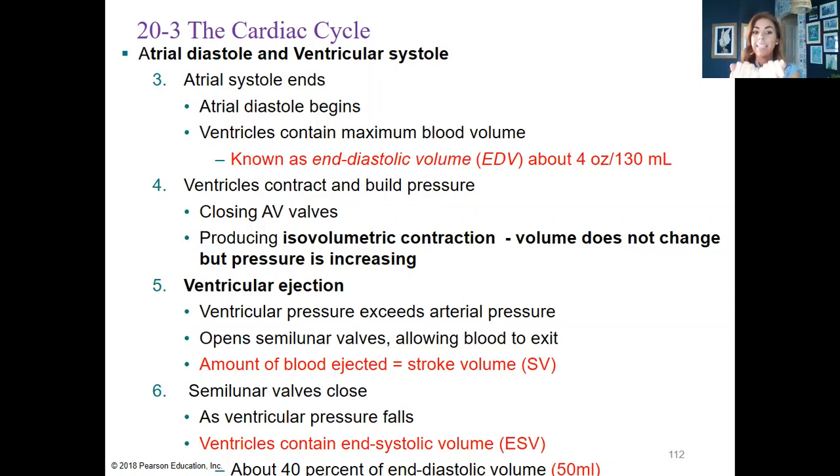That is your end systolic volume. So EDV, jello everywhere is your stroke volume. Jello left in the hands, end systolic volume. So remember it like that.